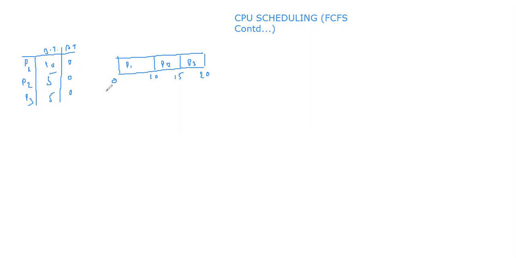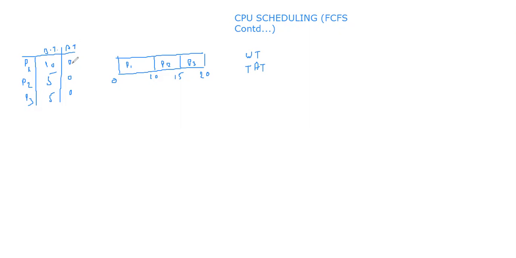We had also generated the waiting time and turnaround time for every process, then the total waiting time and total turnaround time. Now let's take another example today and try to solve it.